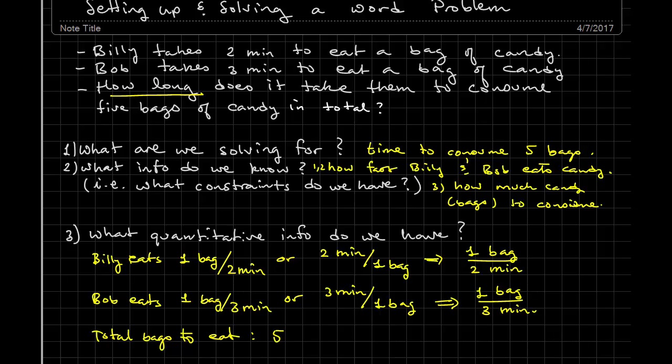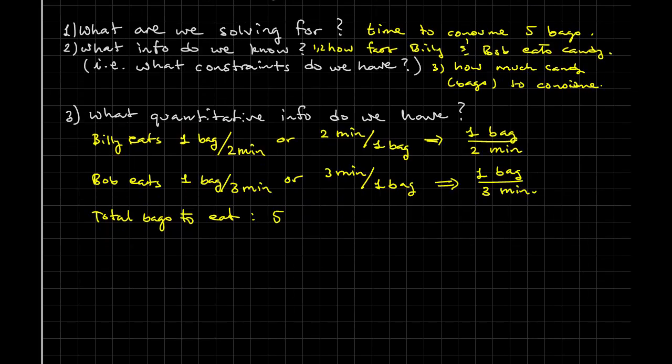All right, well, it's 2 minutes per bag times the number of bags that he's going to eat. So for Billy to eat 5 bags, we would have 2 minutes per 1 bag times 5 bags.